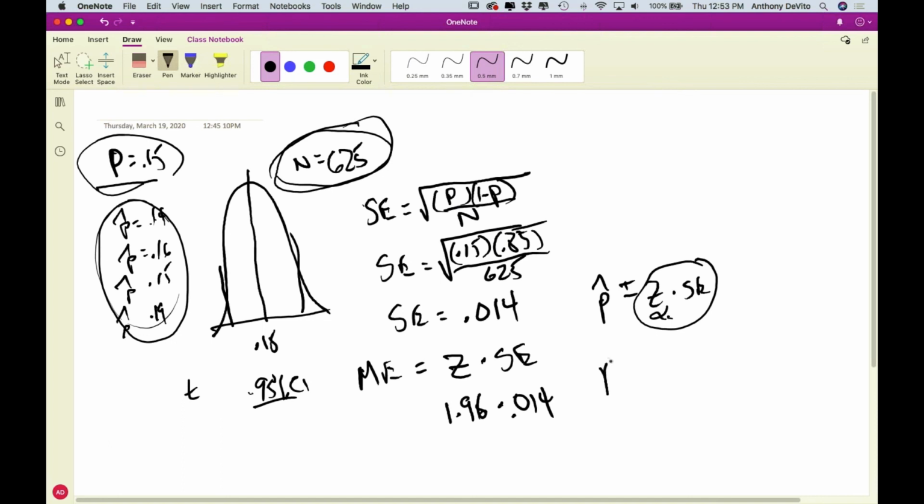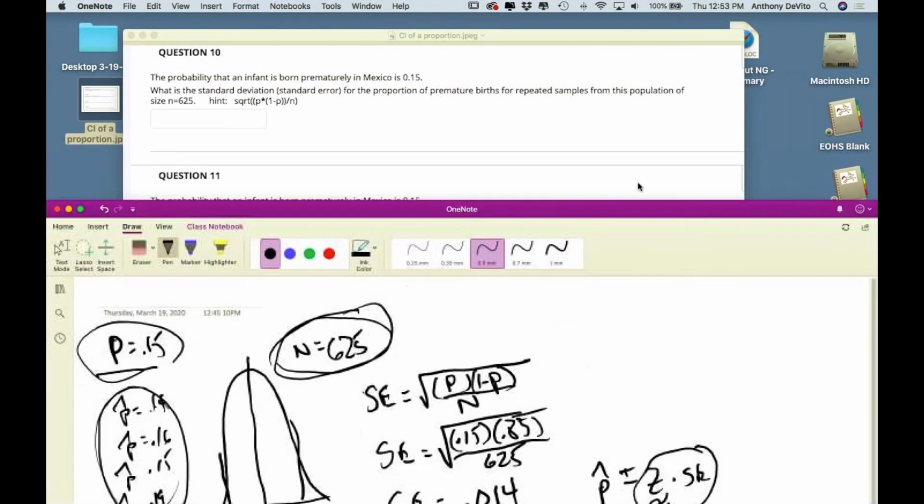It would be equal to p plus or minus our margin of error, our z times our standard error, right? Which is 0.15 plus or minus our margin of error, which was, if I still have it handy, nope.